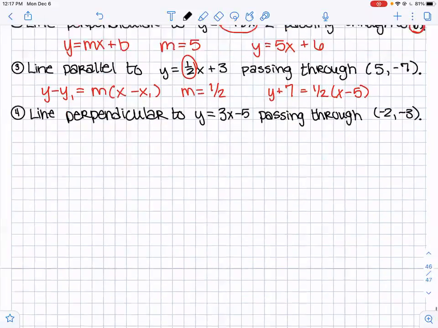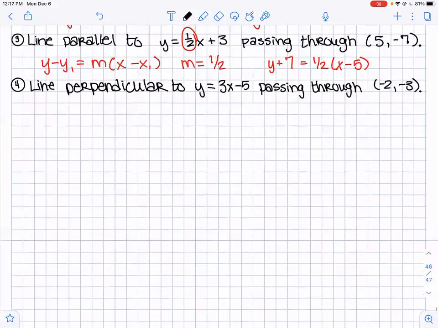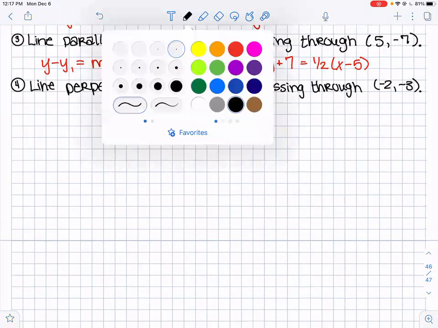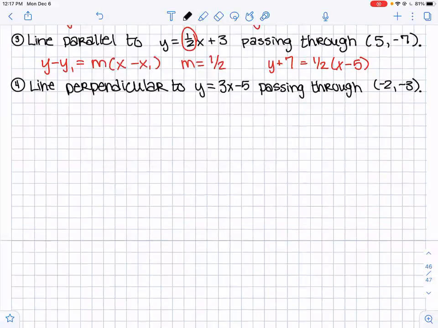All right, give me a second to write this down. Okay, again, we're using point slope form, so the same equation that we used in the last problem.